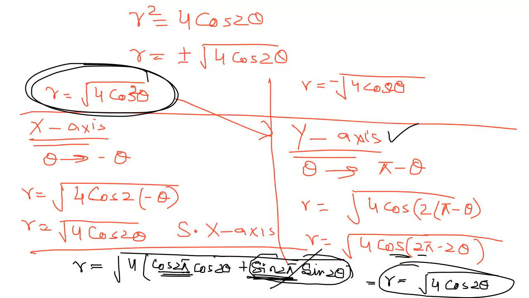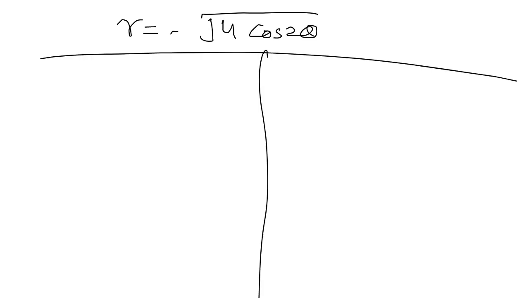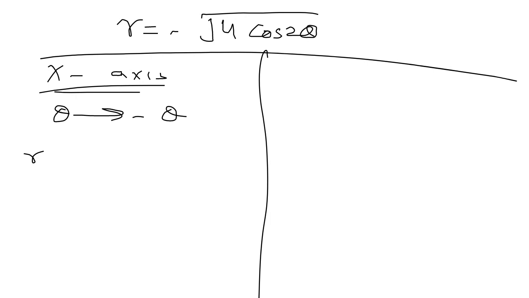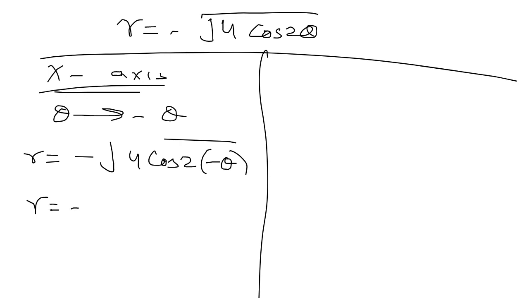Similarly, you can check for minus 4: r is equal to minus square root of 4 into cosine of 2 theta. For x-axis, theta should be replaced with minus theta. So r is equal to minus 4 into cosine of 2 into minus theta, so r is equal to minus 4 into cosine of 2 theta.